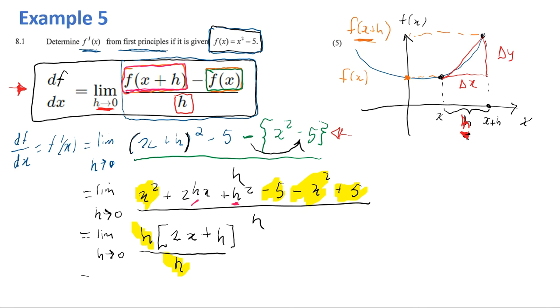And we're left with the limit of h approaching 0 of 2x plus h. Okay, and as h approaches the value of 0, the answer therefore is that f prime of x equals 2x. Okay, easy peasy lemon squeezy.